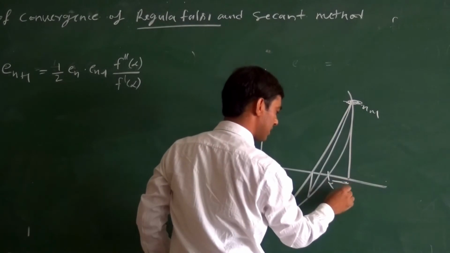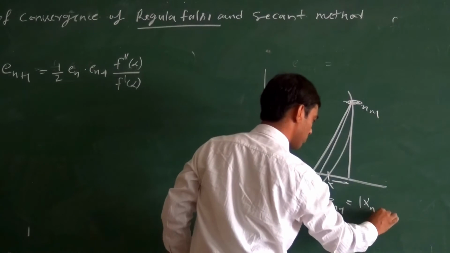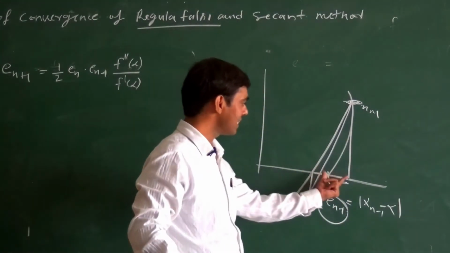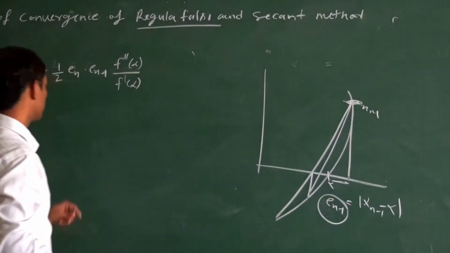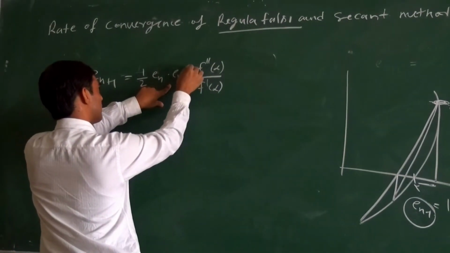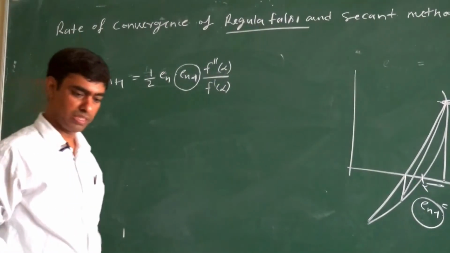So this difference e_n minus 1 is what? The positive difference x_n minus 1 minus alpha. This is always constant. It does not change in the case of the Regula Falsi method. So the value of e_n minus 1 is a constant.